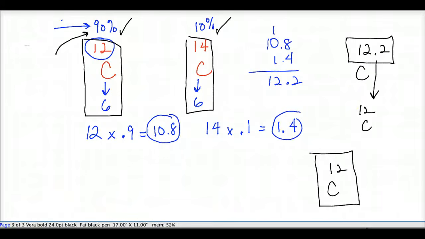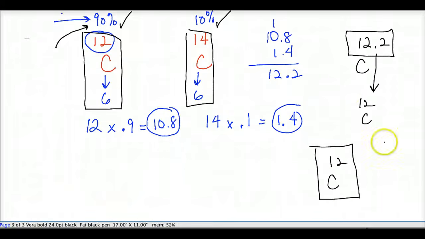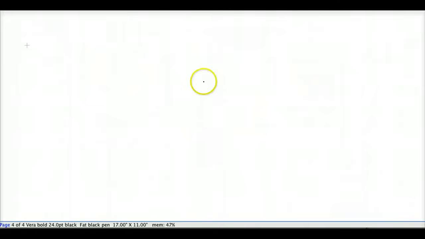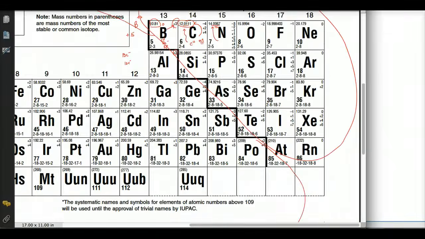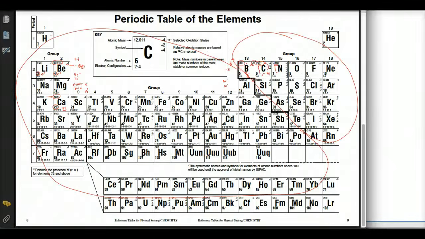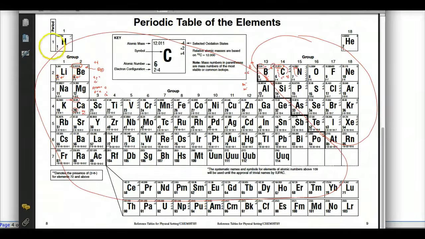Okay, last little piece here is electron configurations, because we know that elements go in order of atomic number, protons, but they also follow a rule in terms of electrons. If I go to my periodic table, that I've been marking up here, if we look very simply, we'll see that this is the first shell. 2 electrons exist.